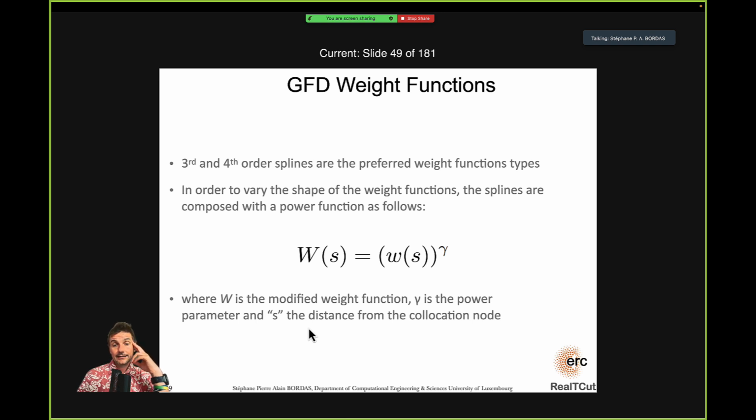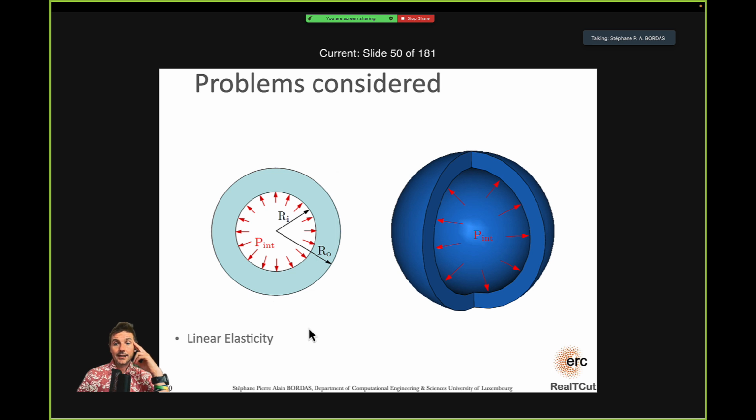And that's it. So now we are going to look at a few problems using this discretization corrected particle strength exchange. Just to let you know, what we have managed to do is to have an adaptive point collocation method. This adaptivity allows us to optimize the point placement based on an error indicator.